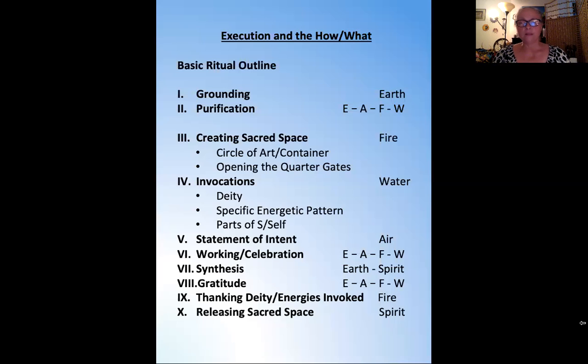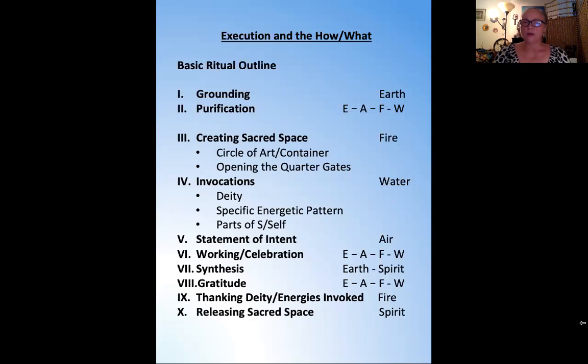You can be flexible with it, and you can be resilient and adaptable in accord with whatever it is that you are hoping to accomplish with that particular ritual. But by being able to actually have some sort of an outline, a structure, container, substitute whatever word you wish in there that exemplifies those energies, it offers you actually more freedom to be really creative in the work that you're doing.